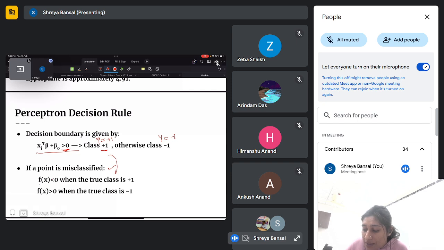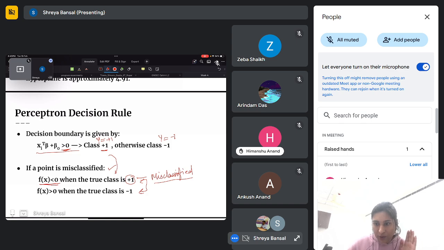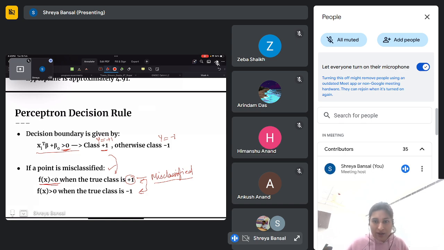If your function is negative, it gives a negative answer, but the actual class was positive. That's why it is called misclassified. So these are the misclassified definitions, the opposite of the correctly classified, as you can see here. Don't get confused in the two definitions.